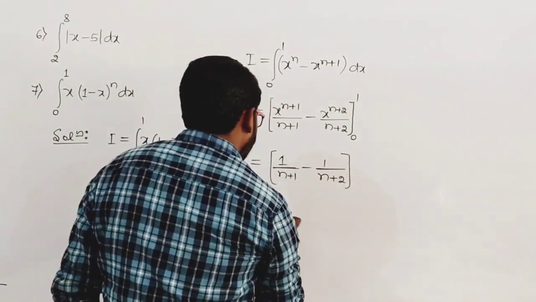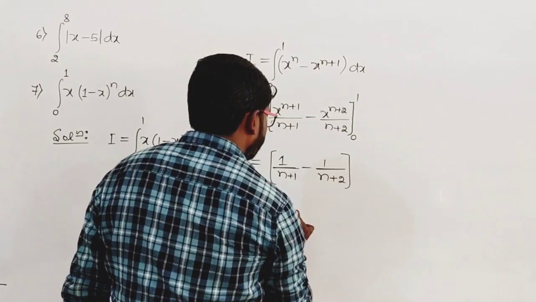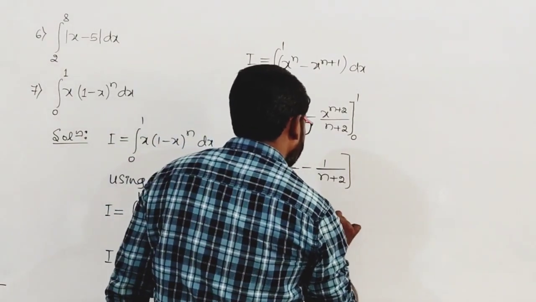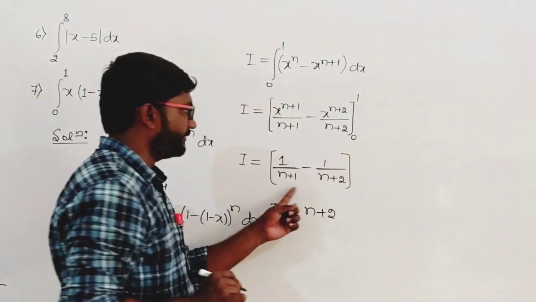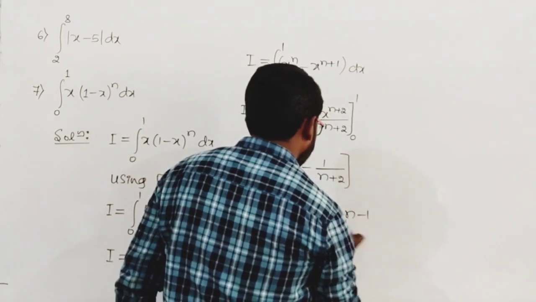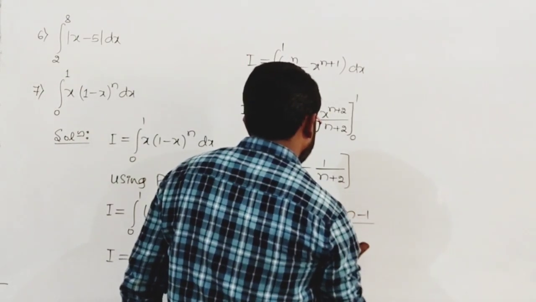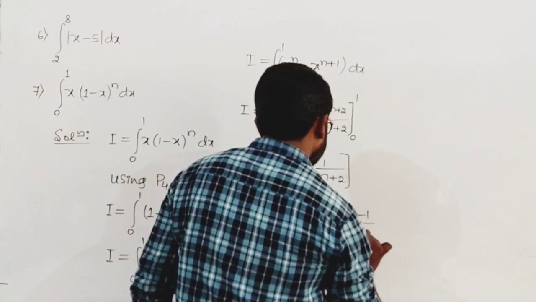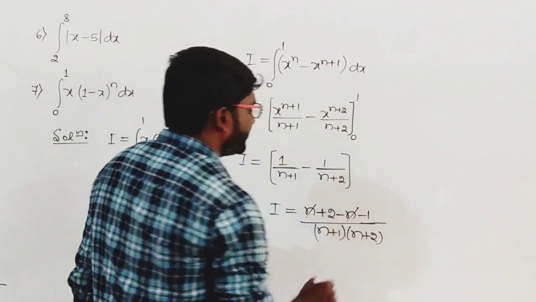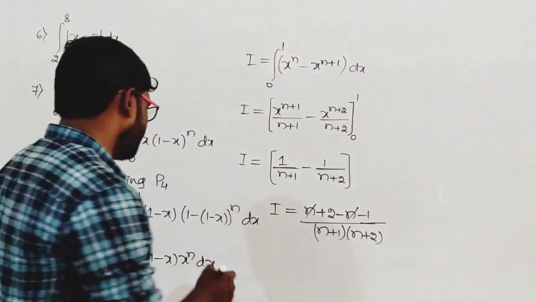So now I is equal to, take up the LCM here, (n plus 2) into 1, (n plus 2), then this term will be multiplied with minus 1. So minus n minus 1 divided by (n plus 1) into (n plus 2). Here plus n minus n get cancelled. So 2 minus 1, it is 1.